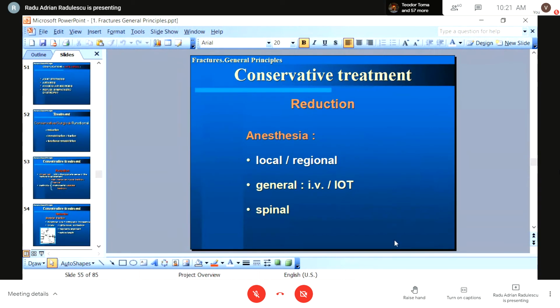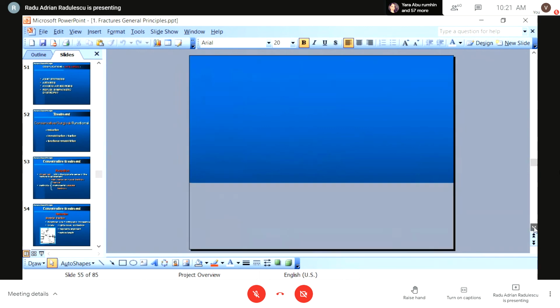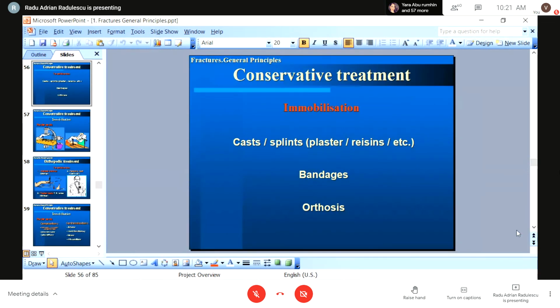Conservative treatment, also reduction, must be done under anesthesia, local, regional, or general anesthesia. So, of course, all these maneuvers of reduction must be done under anesthesia. After reduction, we must immobilize the patient in different types of casts.